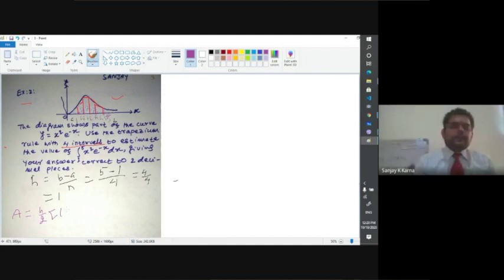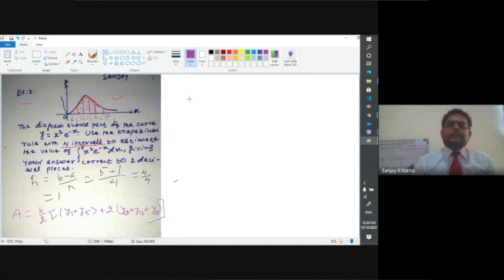In the formula, the first value and the last value should be taken only once, and the rest of the values are 2 times that. The rest of the values between 1 and 5 are 2, 3 and 4, so you write y2 plus y3 plus y4. Now we'll develop the table, and then we'll get the value of the total area.